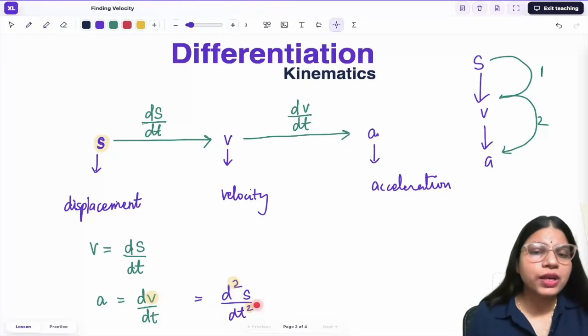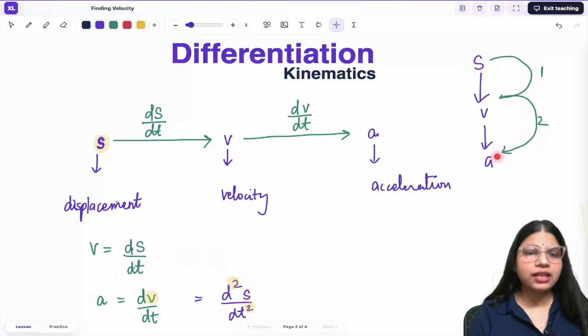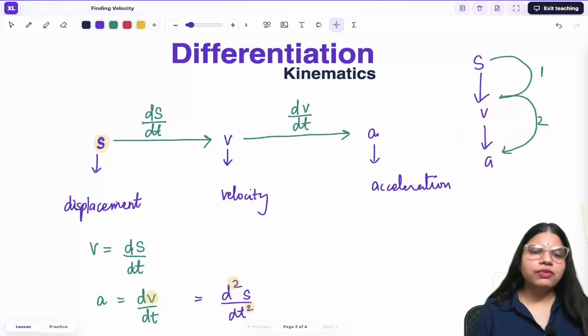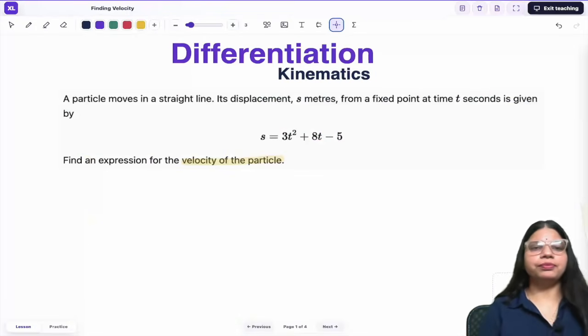Reason being, over here we are just trying to link acceleration with displacement. So when you are at displacement and you have to move to acceleration, you are double differentiating, jumping twice, correct? And if you are just at velocity and you have to reach acceleration, you are jumping once. So we write dv over dt. Hope that makes sense. Now let's start doing questions.